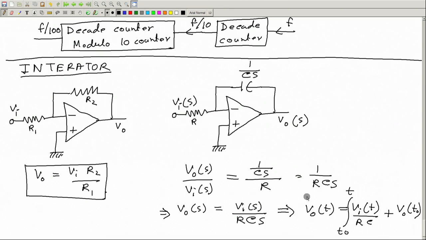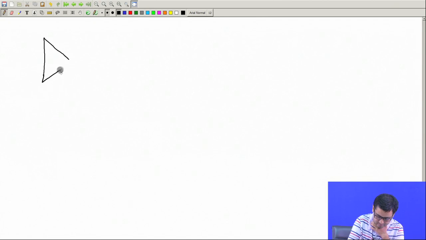So this is one way to remember it, but this is not quite satisfactory because physically we cannot see how the output is going to integrate this input. Okay. So this is quick and dirty maths, but physical intuition is nicer than this. So let me draw this circuit once again.